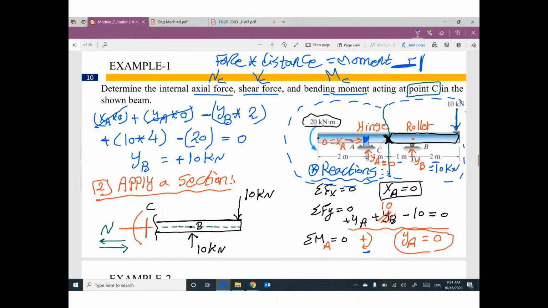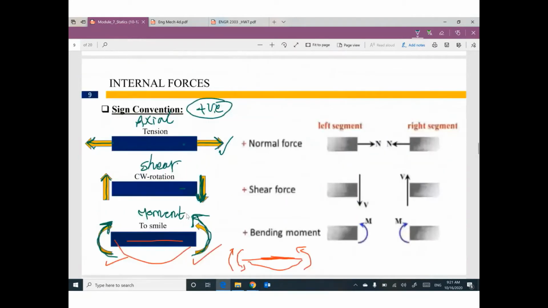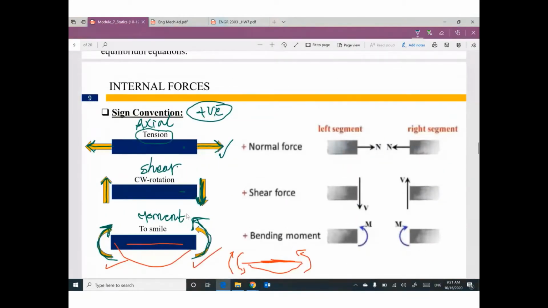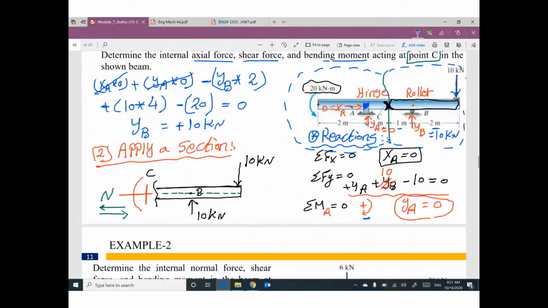You have to assume your normal as internal force to make tension. So this arrow must be like this to make tension in this part of the beam. That makes sense.